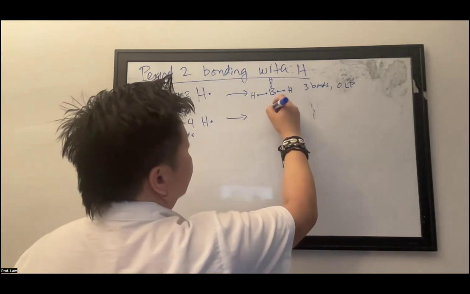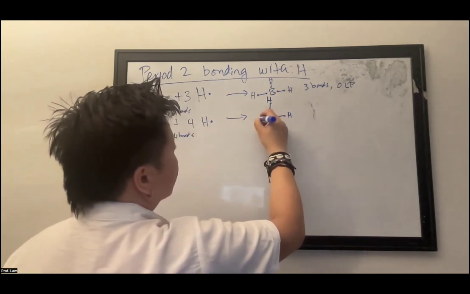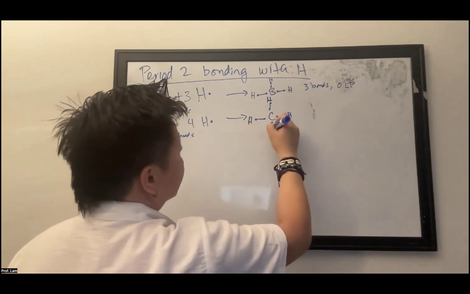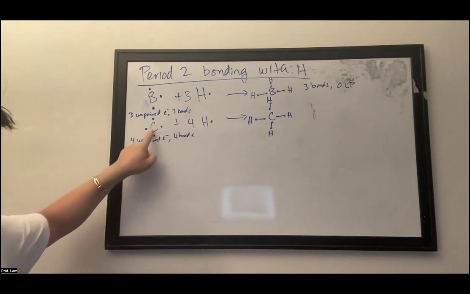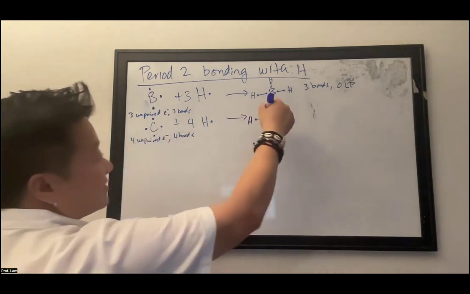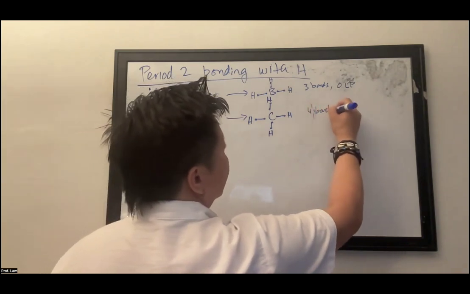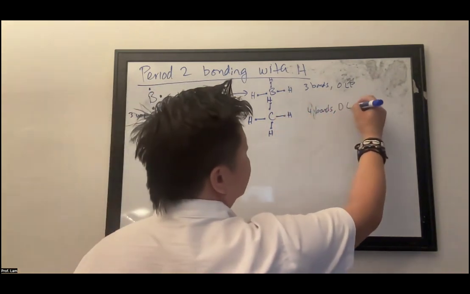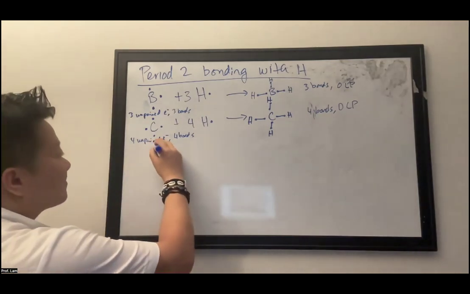So what is that going to look like? Each of the hydrogens' 1 electron will pair with carbon's. So you get CH4, 4 bonds, and again you don't see a lone pair, so 0 lone pairs. Okay, we can keep going.